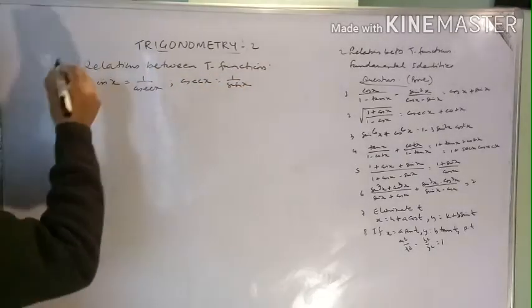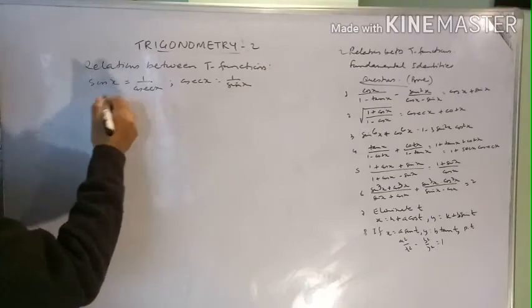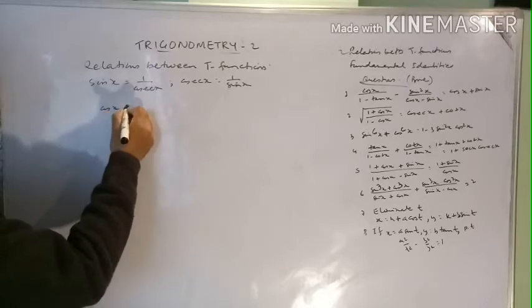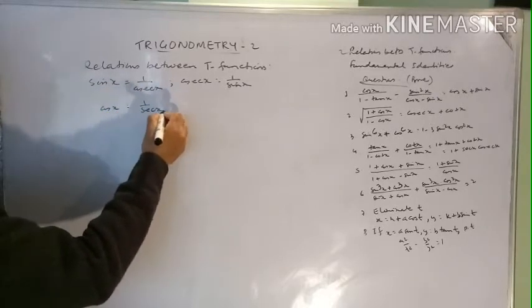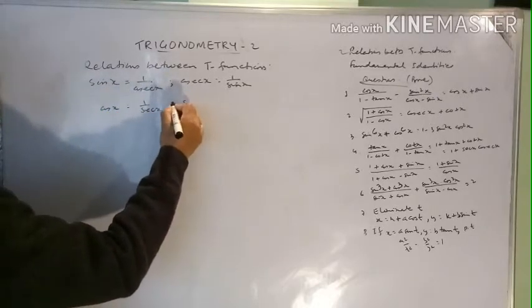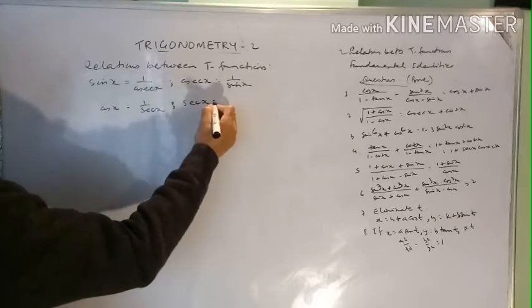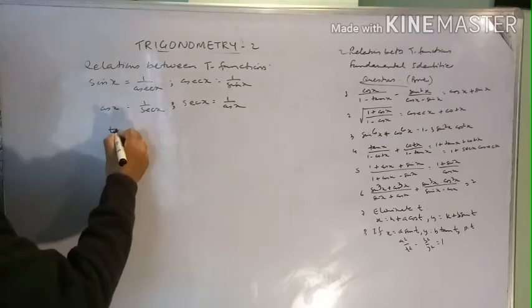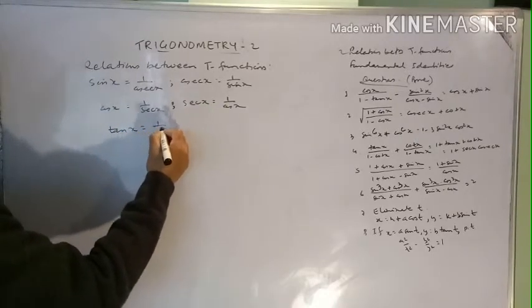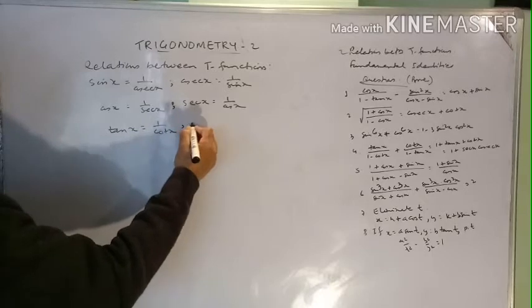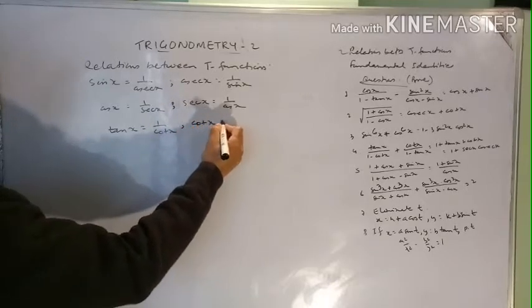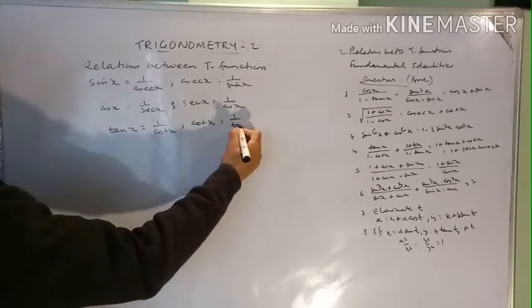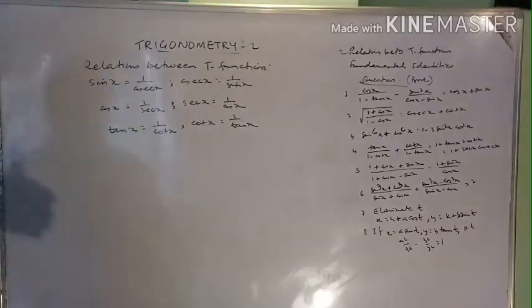Next, you have cos x is equal to 1 by sec x, and sec x is equal to 1 by cos x. Similarly, tan x equal to 1 by cot x, and cot x equal to 1 by tan x. Okay, these are relations between trigonometric functions.